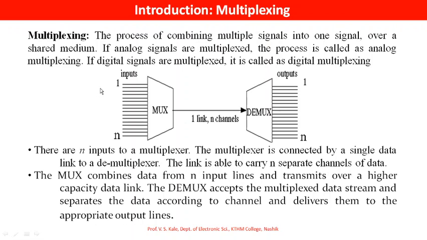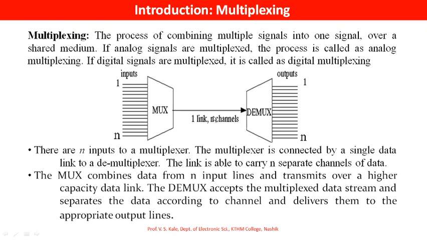Here mux: many inputs, one output. Here demux: one input, many outputs. There are n inputs to the multiplexer. The multiplexer is connected by a single data link to a demultiplexer. The link is able to carry n separate channels of data.